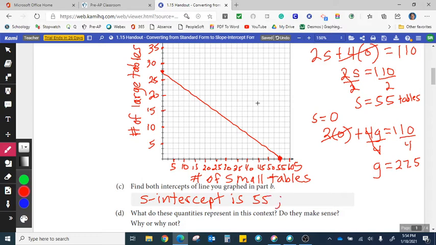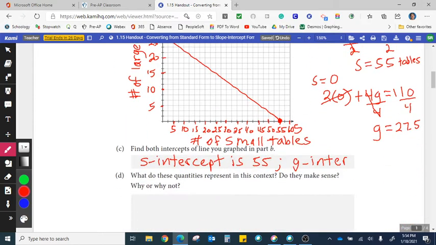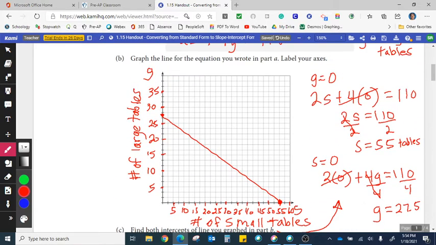The G-intercept, G is my large table axis. My G-intercept is 27.5. Okay, so I've already done that work above here, so I can just point an arrow to that. Good idea to do that, so that if I'm grading you or your teacher's grading you, they know where the work is.